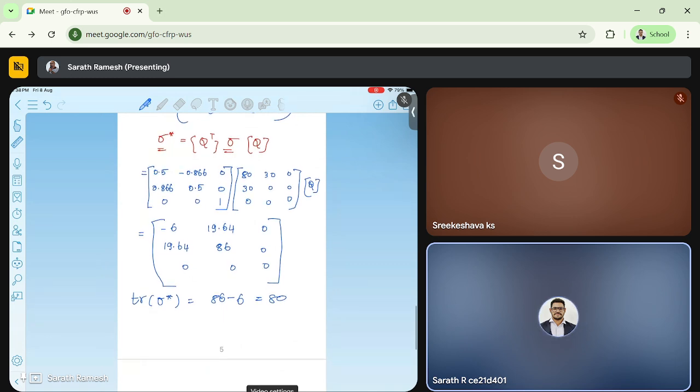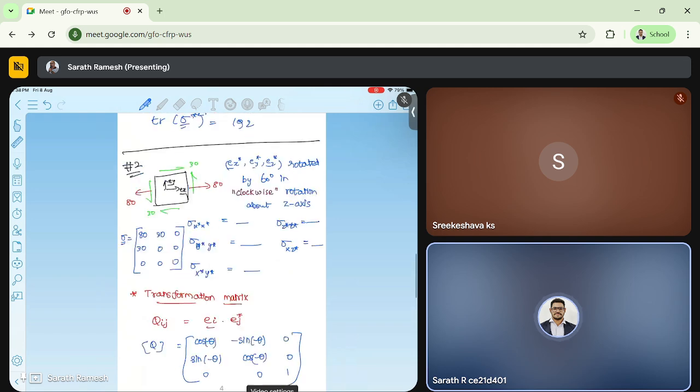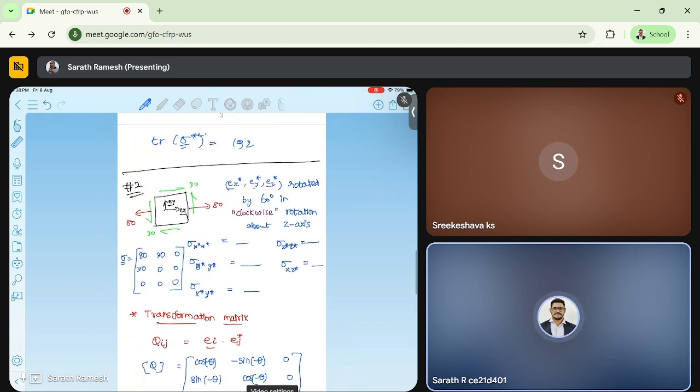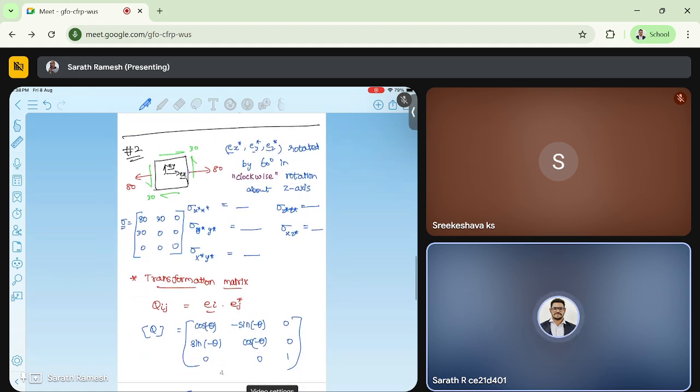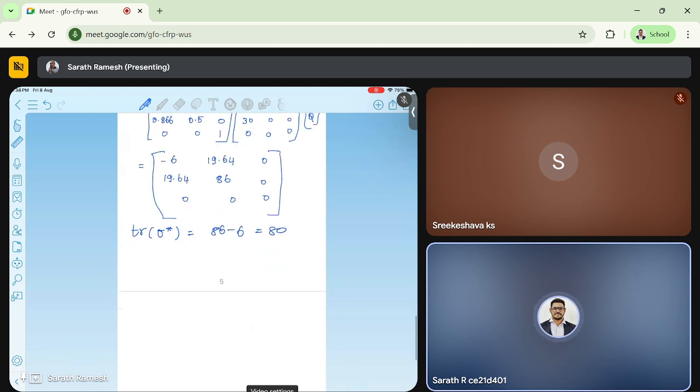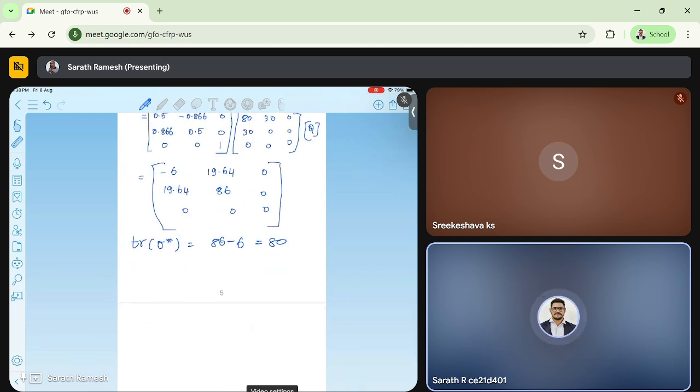Determinant would be 0. There also determinant would be 0, right? Because one column or one row is 0 fully. So determinant would be 0 always for a plane stress. So it's more or less correct. If you want to say it more confidently, then you can check trace of sigma square equal to trace of sigma star square.